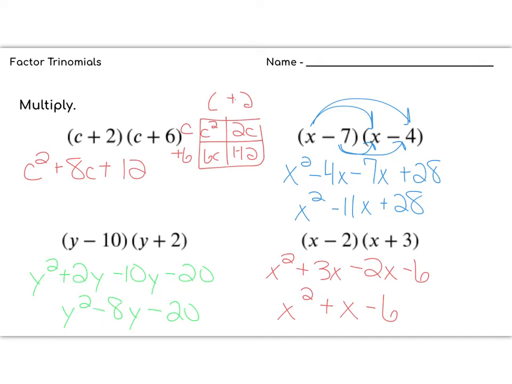And then this middle term is negative 10 plus 2. And this last term is negative 10 times 2. Here, this 1 is negative 2 plus 3, and negative 6 is negative 2 times 3. So when you multiply two binomials, that middle term is a sum, and the last term is a product.